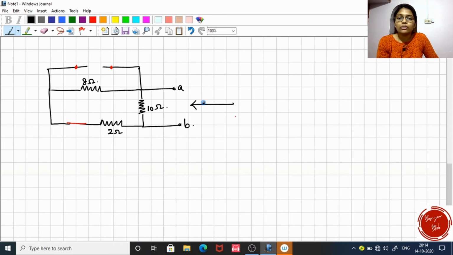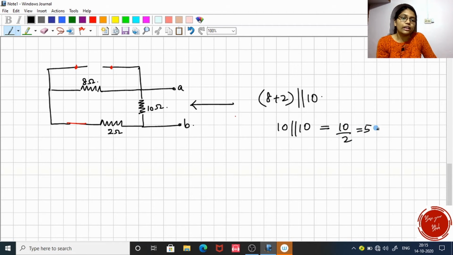Okay, so while looking from this end, we can see that 8 and 2 are connected in series because one is continuous to the second resistor, that is 2 ohm. So 8 plus 2, and that value is in parallel to this 10 ohm, isn't it? So 8 plus 2, 10, parallel 10. So 10 by 2 is equal to 5 ohm.